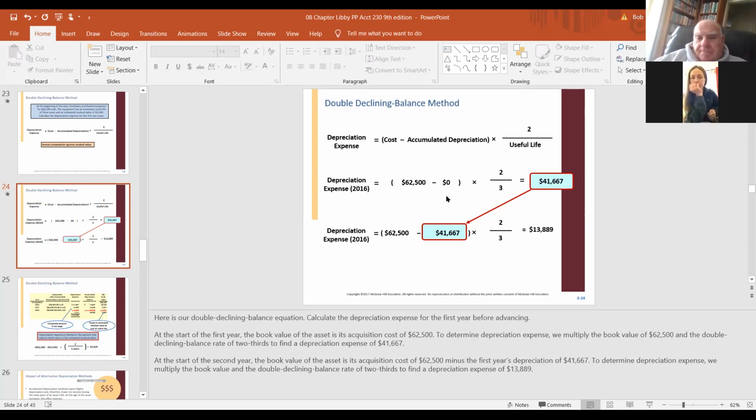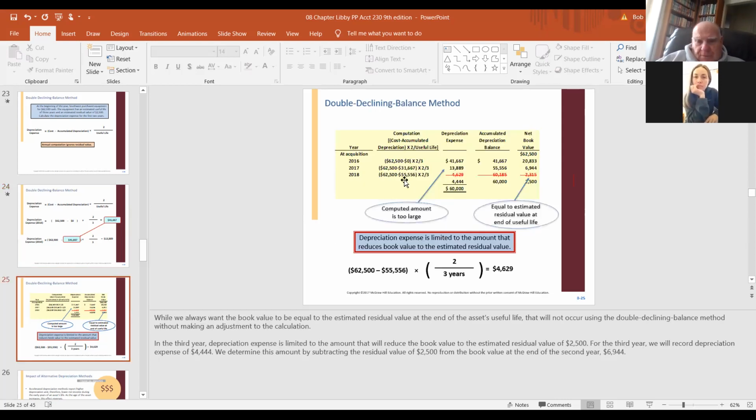When you buy this machine, you have no accumulated depreciation until you start depreciating it. So what they're saying here, we bought this machine and it's going to be for 3 years. Double declining balance means, in this case, 2/3. And you go from there. Okay. That help? Yeah.